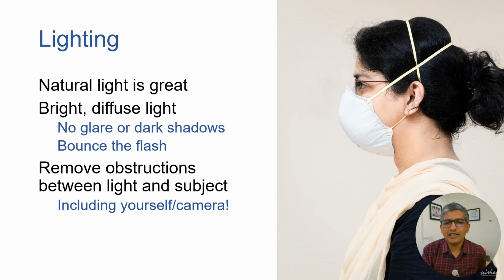It's better to use either natural light, like near a window, or a bright diffuse light, like maybe a brightly lit room with tube lights and all that. Remove obstructions between the light and the subject, and sometimes that's yourself. You may be standing in the way of the light, so make sure you get out of the way of the light and let the light fall on the subject.